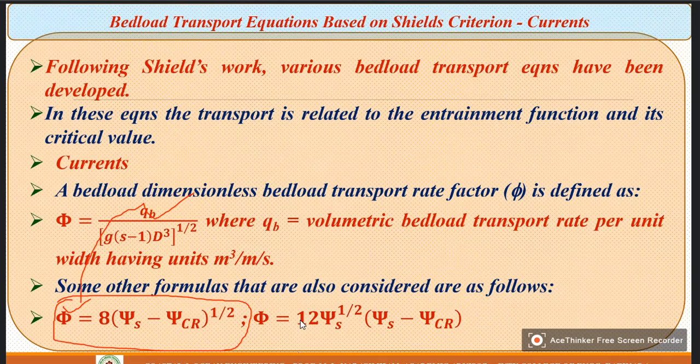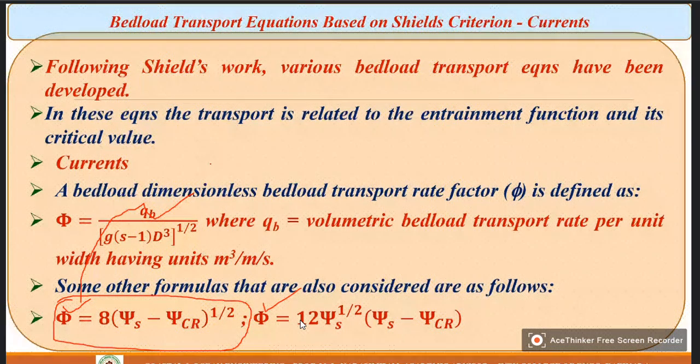Or you can use this other formula. Using one of these formulae, you can calculate phi, and using that phi, you can calculate your bed load transport rate. That is how the bed load transport rate can be evaluated using the Shields criterion.